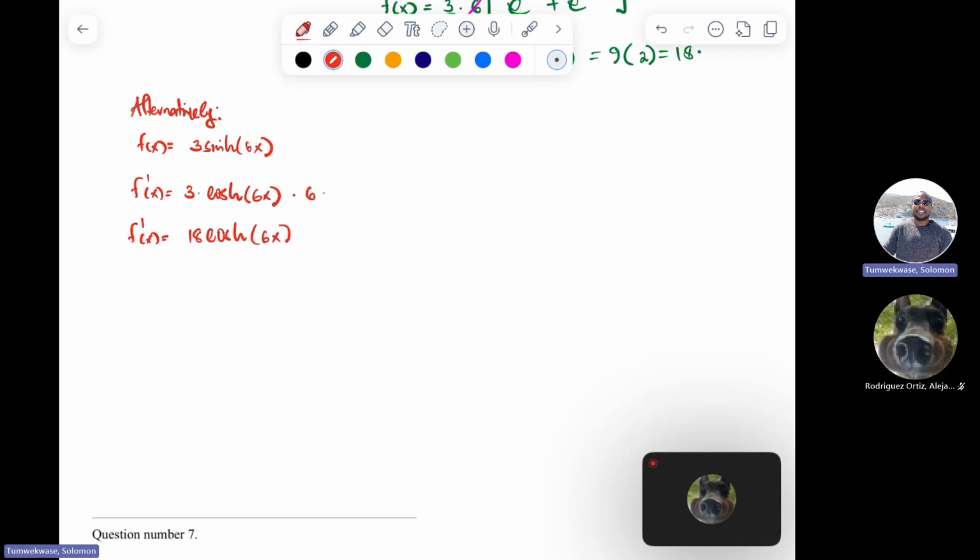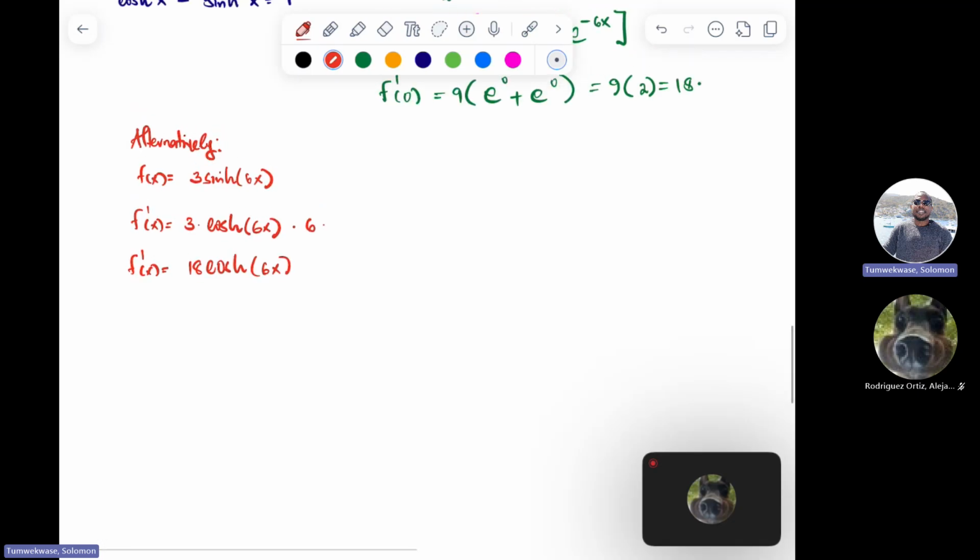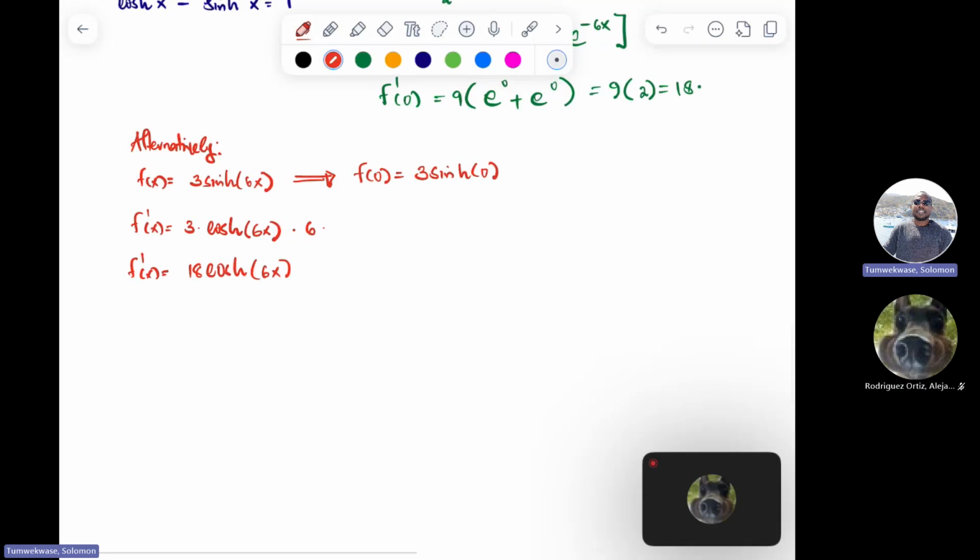6x. So if I have this as my f of x, then my f of 0 is 3 sine hyperbolic of 0, since 6 times 0 is 0. And if I have this as my derivative, then f prime of 0 is 18 cosine hyperbolic of 0.